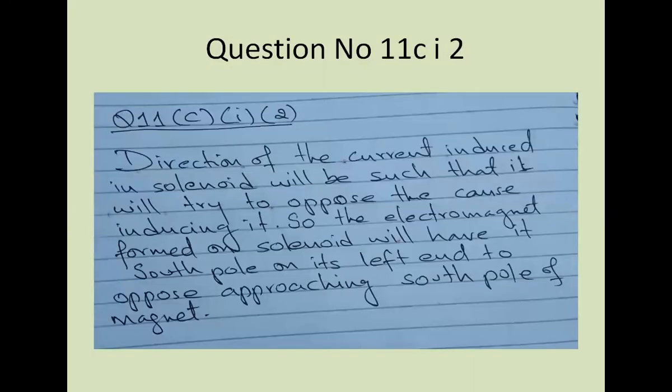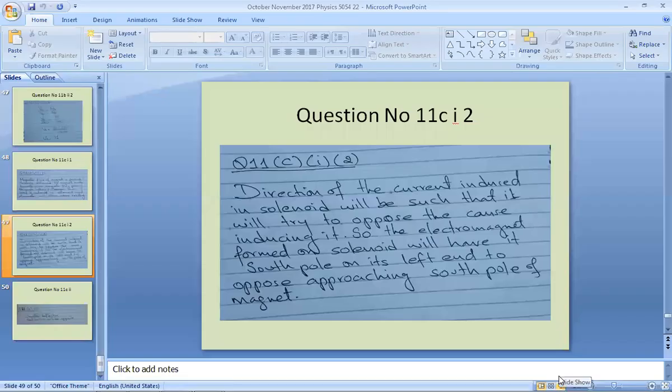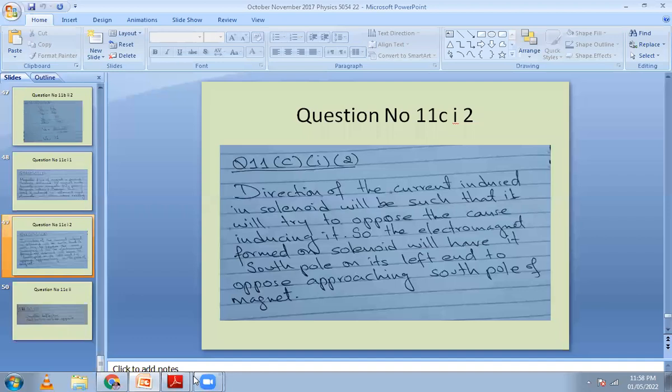Direction of the current induced in solenoid will be such that it will try to oppose the cause inducing it. So the electromagnet formed on solenoid will have its south pole on its left end to oppose the approaching south pole of the magnet. Hopefully you understand, this is Lenz's law on which this question is based.